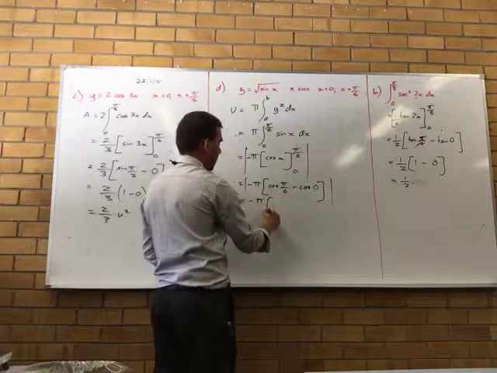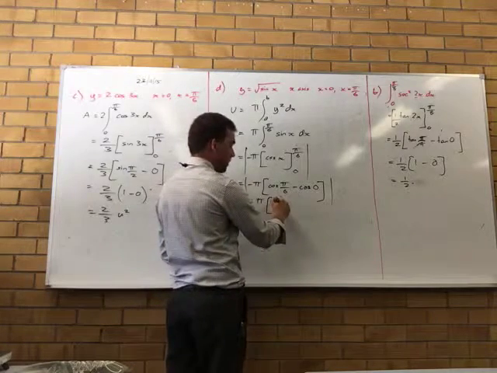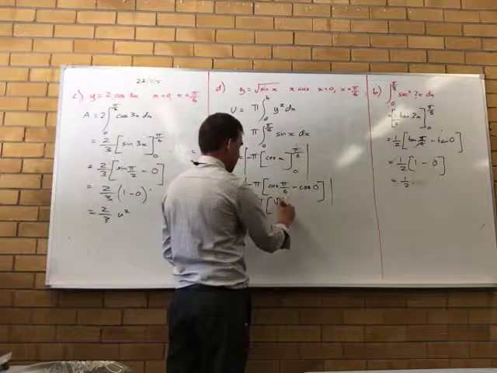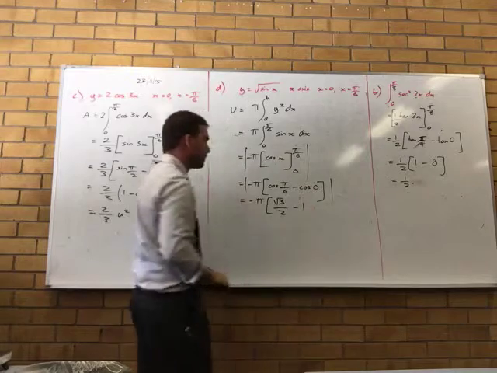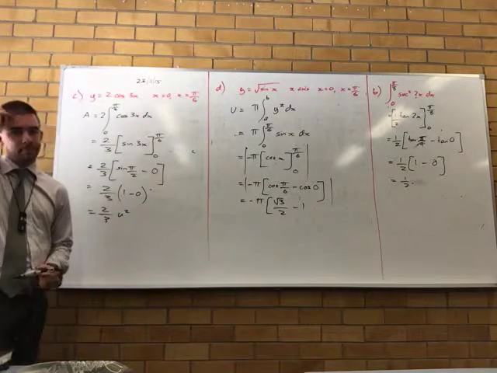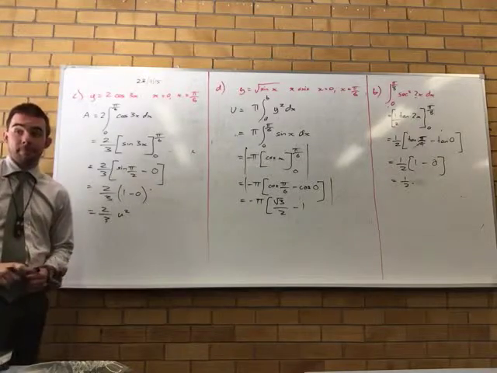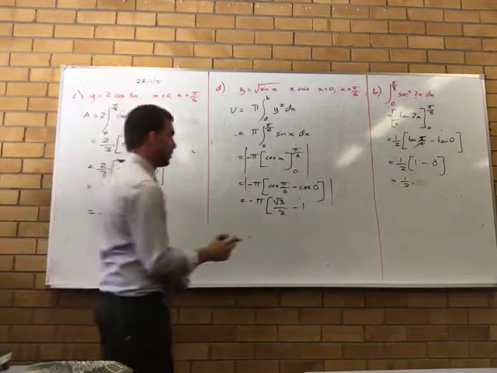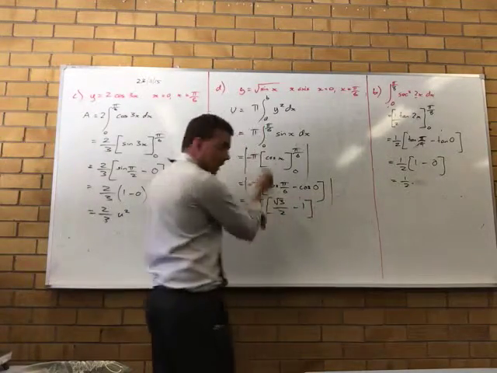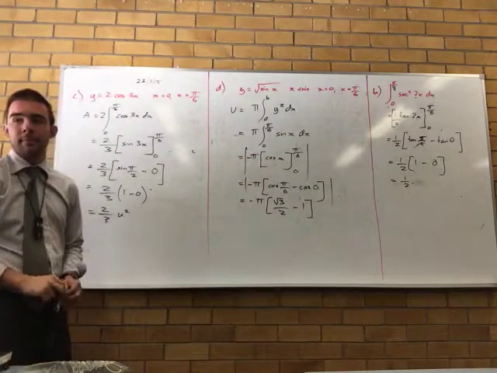Cos of 30 is what? Root 3 over 2. So root 3 over 2 is less than 1. So you can't just remove that sign.